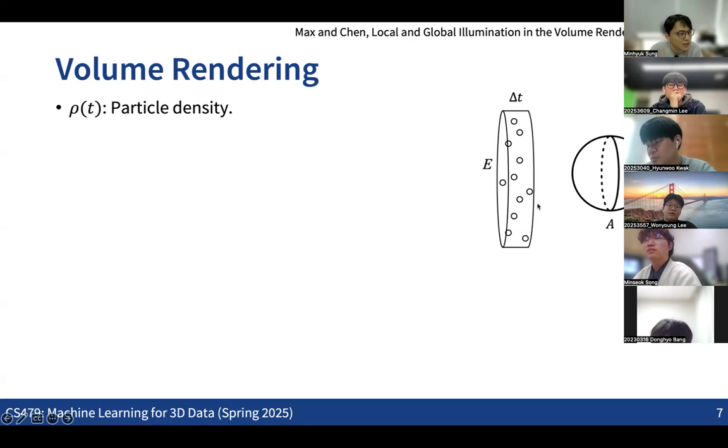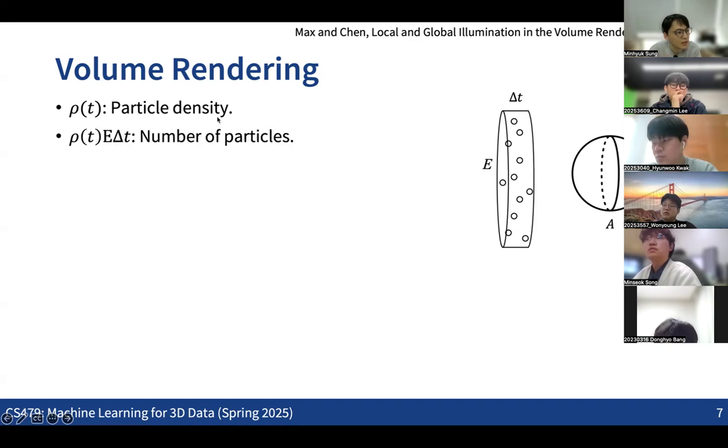In each slice, there are small, tiny particles that may occlude this ray marching. Let's say we have tiny particles with some density here. This indicates how many particles will exist in the space. If we multiply this density with a certain volume in the 3D space, that gives the expected number of particles.